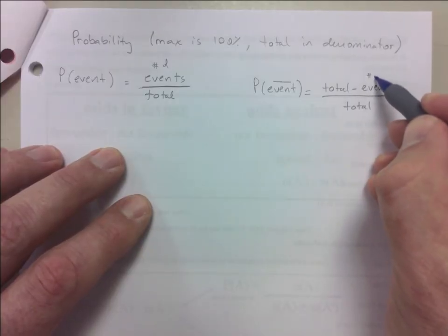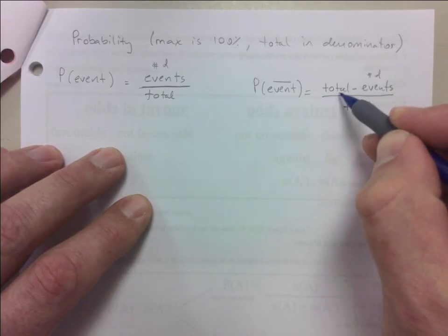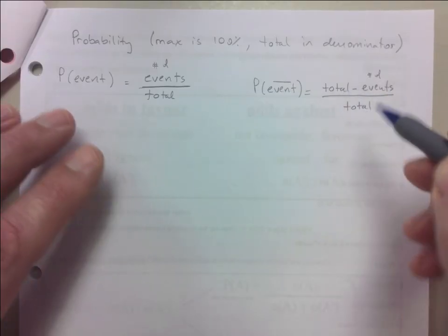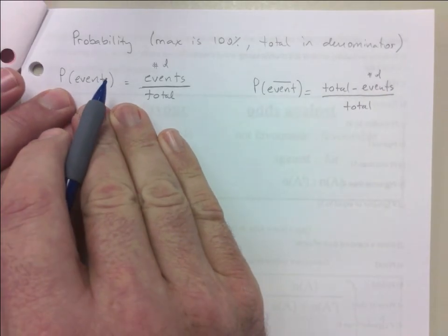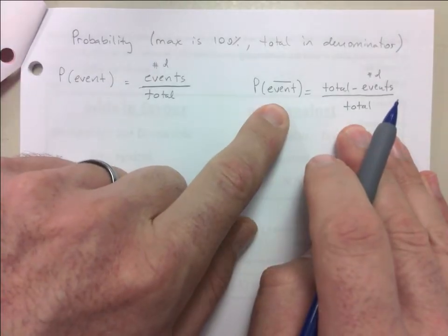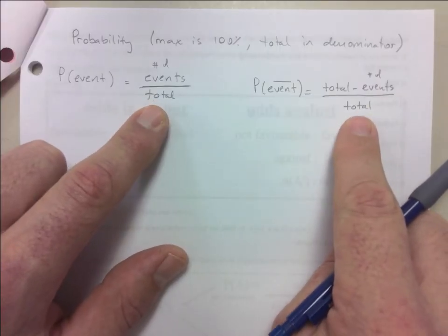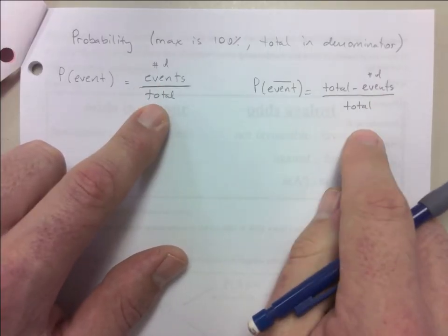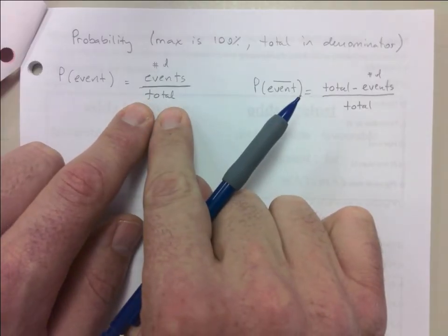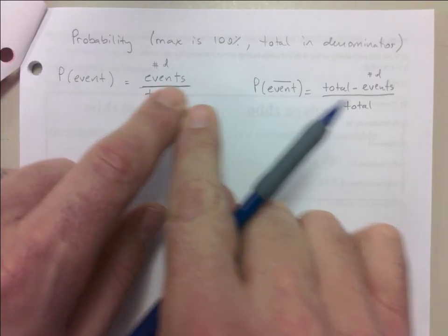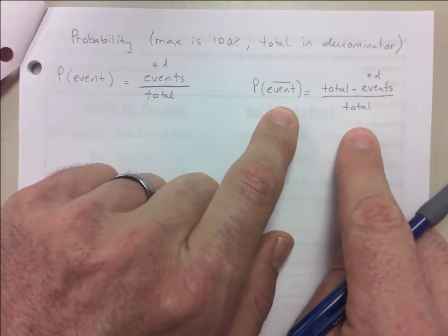Number of events, so we go total minus number of events over total. So that's basically how the probability of something happening and not happening can be found. And remember, if I tell you the probability of something happening, you can right away determine the probability of it not happening.